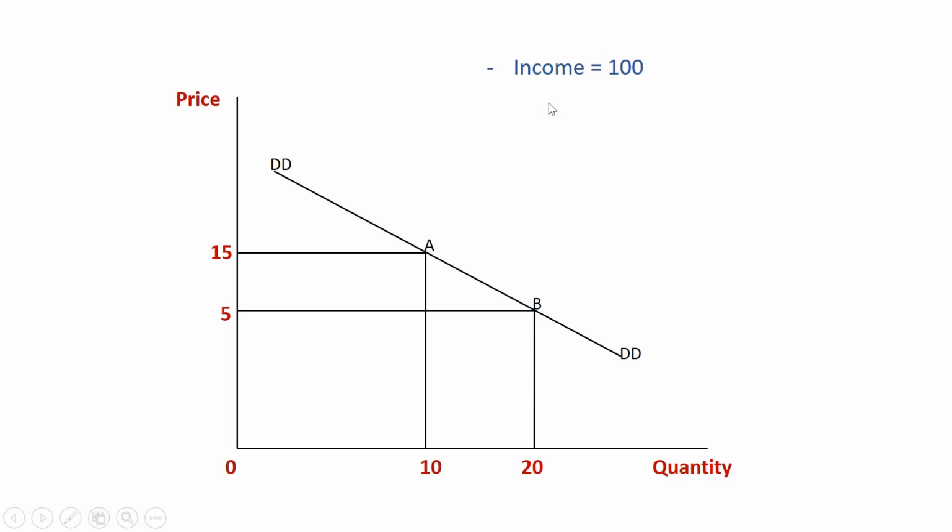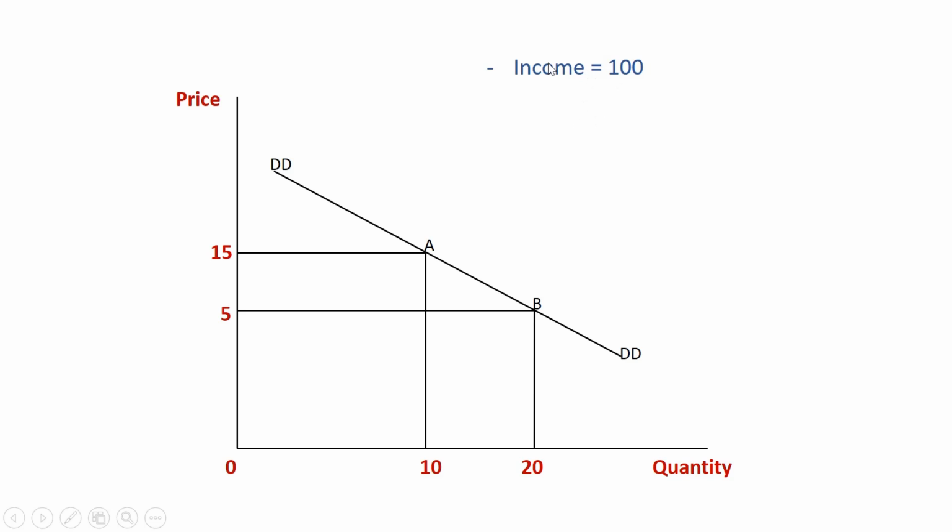We assume that the consumer of this commodity has an income of 100 cedis. We are assuming a monopoly market where we have only one buyer and the buyer has income of 100 cedis. The income doesn't change because we are working with the law of demand.